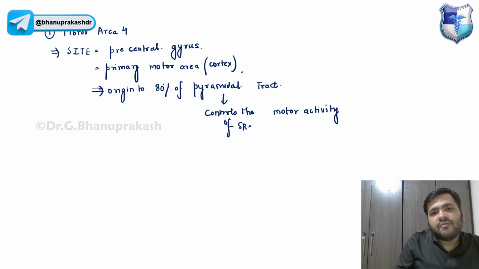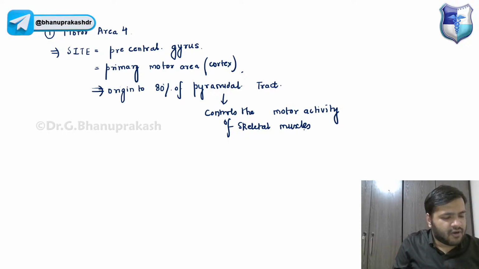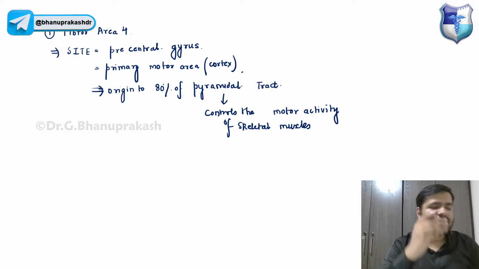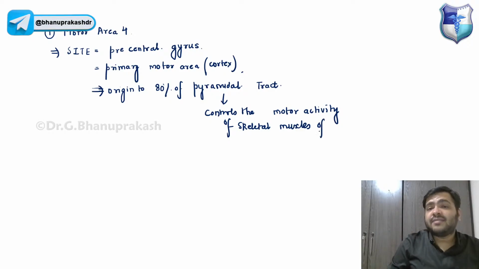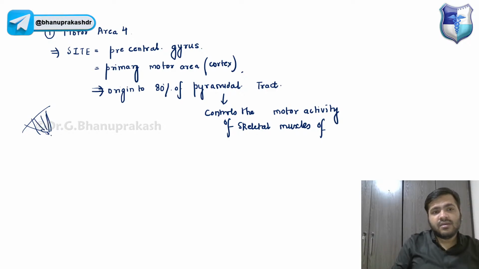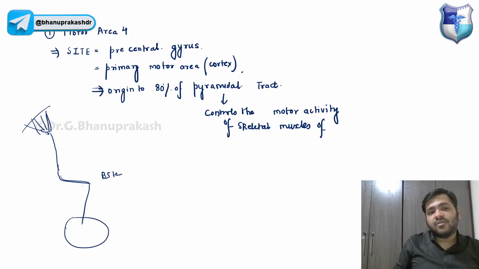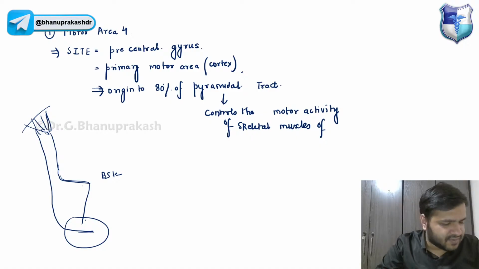It controls the motor activity of the skeletal muscles, guys. Already you know कि ये जो pyramidal tract है, जो इस cerebral cortex से आ रहा है, it will be like decussating. ये हमेशा दूसरी ओर जाता है, either in the brain stem या फिर ये स्पाइनल कॉर्ड में भी जा सकता है.